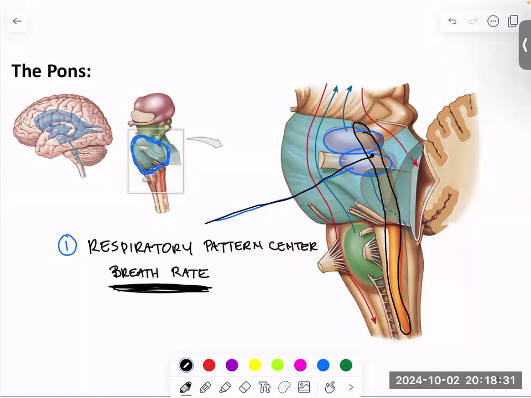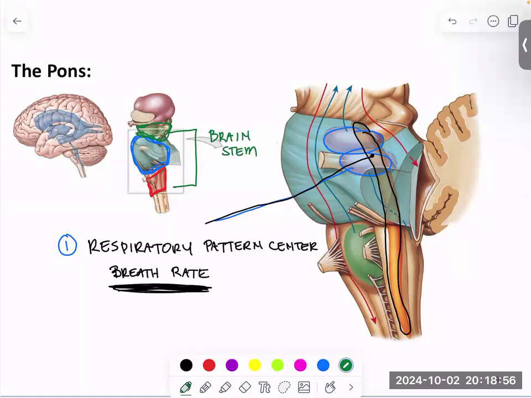I failed to say this earlier. So I'm going to say it now. The pons, the medulla oblongata, and the midbrain in green. These three are the brainstem. So we started at the brainstem.